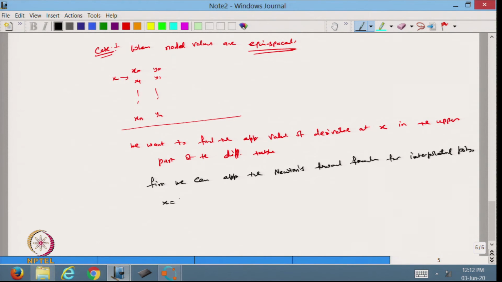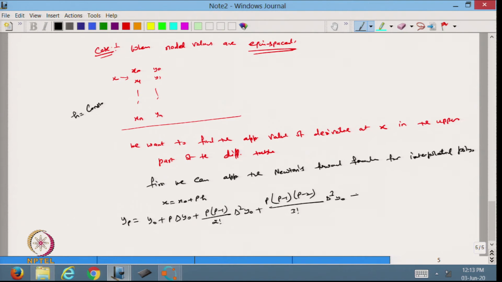So, let us take x equal to x0 plus p h, where h is constant. Now I can find my y_p, the interpolating polynomial, that is given as y0 plus p Δy0 plus p(p minus 1) by 2 factorial Δ²y0, plus p(p minus 1)(p minus 2) by 3 factorial Δ³y0 and so on.